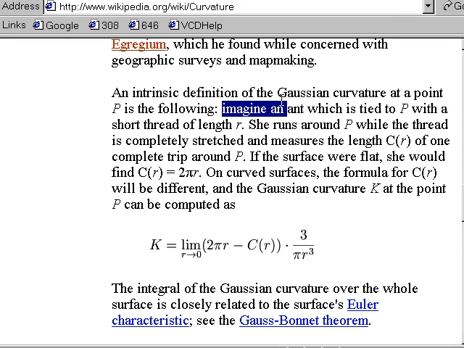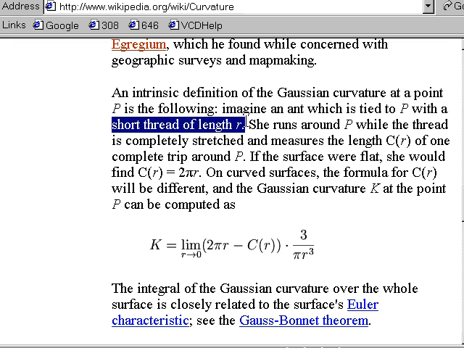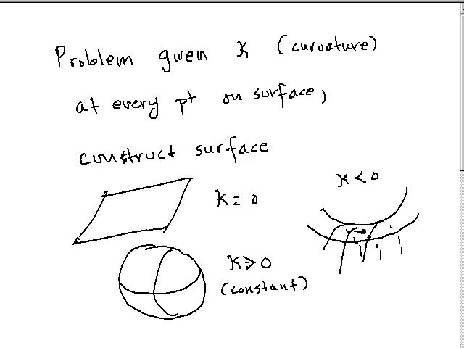Now this link here tells how a being that lives on the surface can measure the Gaussian curvature at a point. So the idea is, imagine that you're an ant living on the surface, and you're tied to a point P with a fixed length R. So the ant runs around P in a circle while the thread is completely stretched, and you measure the circumference of one complete trip around P.